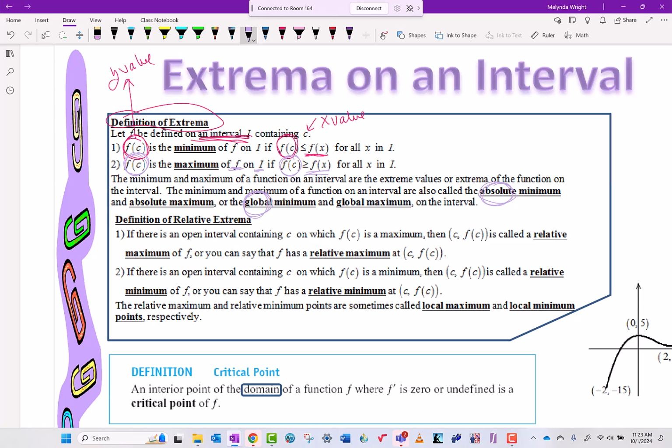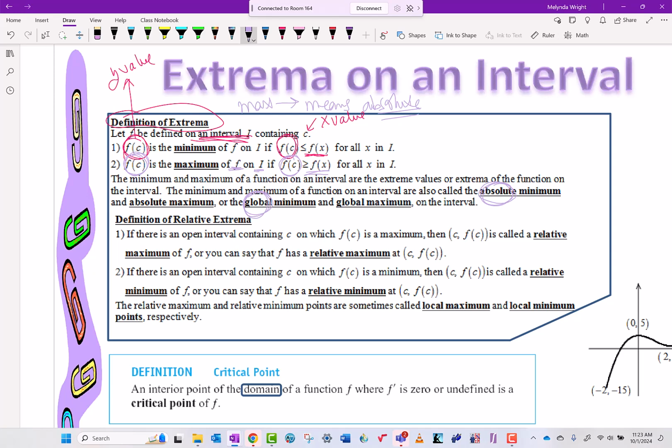Now, if you just say max, if you just say maximum, that means absolute. It means absolute max. If you leave the word off, you need to be sure you're talking about an absolute extrema.